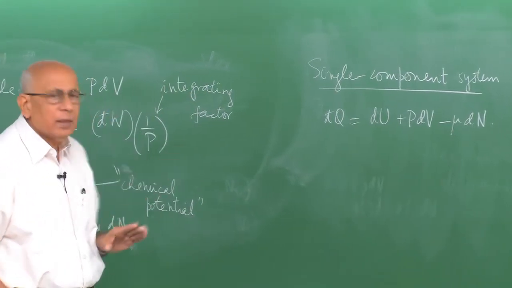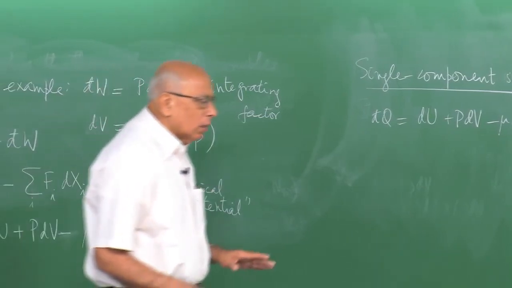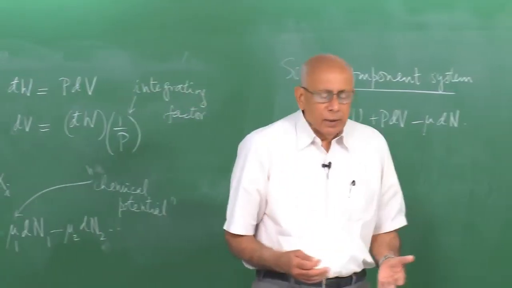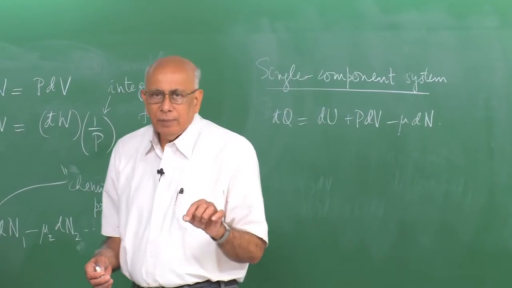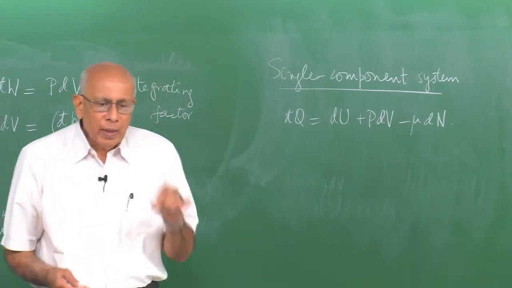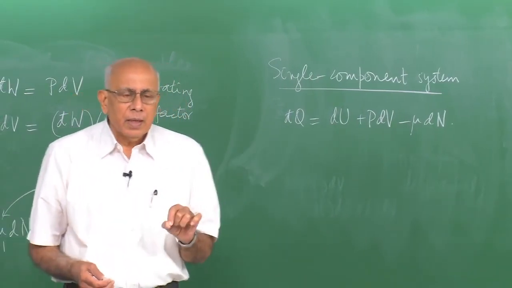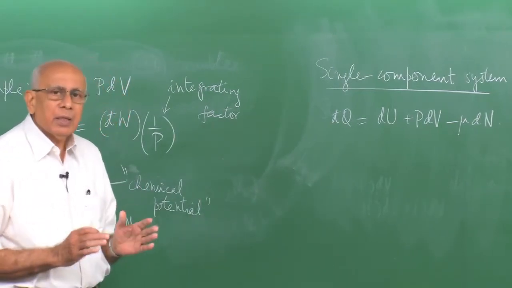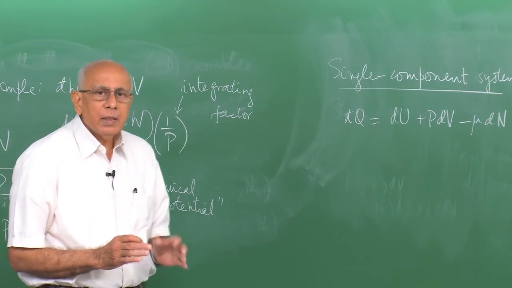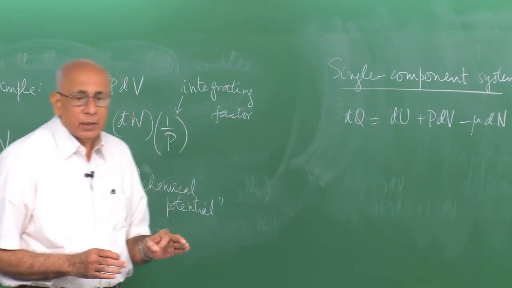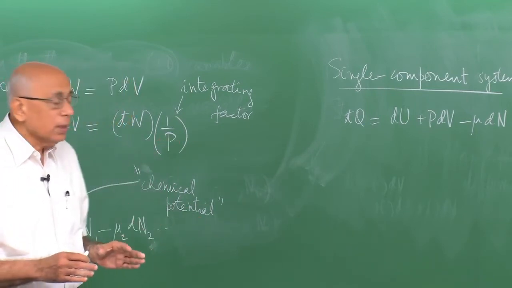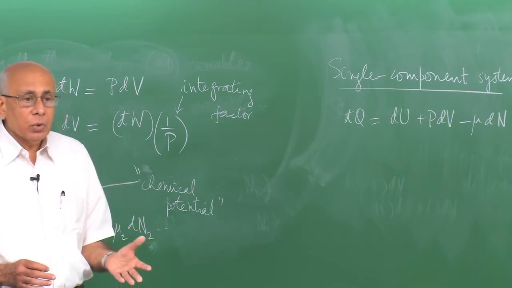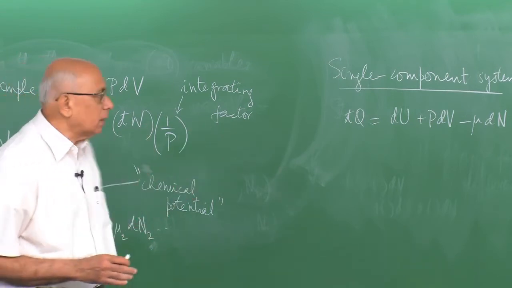That is the physical interpretation of this mu, or to put it in simpler terms, it is the cost in energy for adding one more particle to a thermodynamic system under specific external conditions, in which the temperature and the pressure are kept constant. You add one more particle to a collection of molecules, and that cost in energy to do so is essentially the chemical potential of the system.